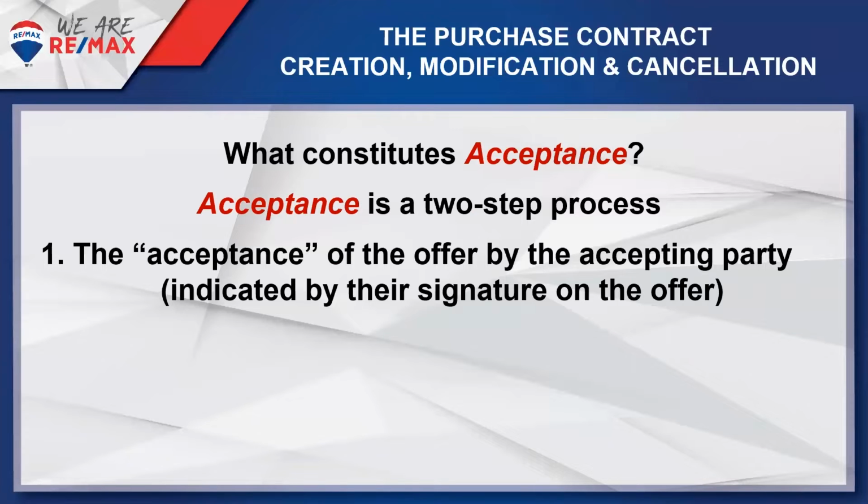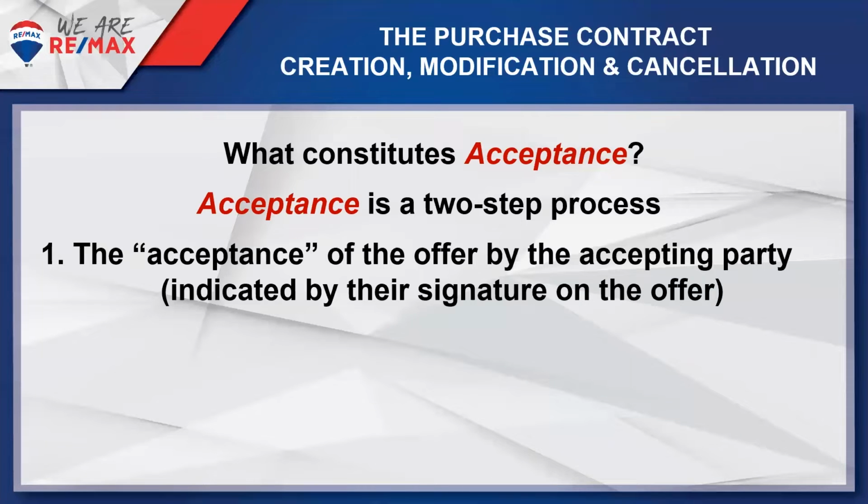So if an RPA is accepted by the seller without a counter, well, then the accepting party is in fact the seller, and the seller signs the RPA. If the seller counters the RPA, now the offering party of the counter, which includes the underlying RPA, is now the seller, and the buyer, if they agree to the counter, becomes the accepting party.